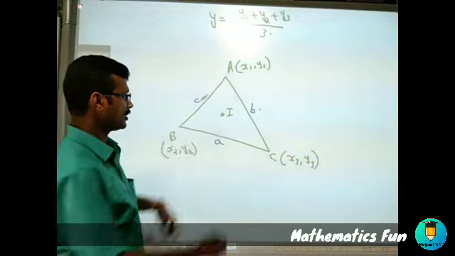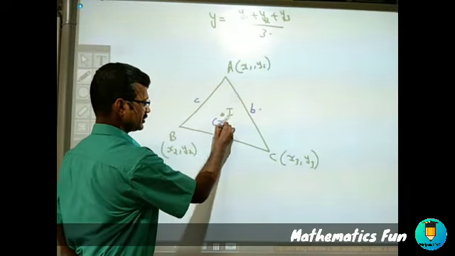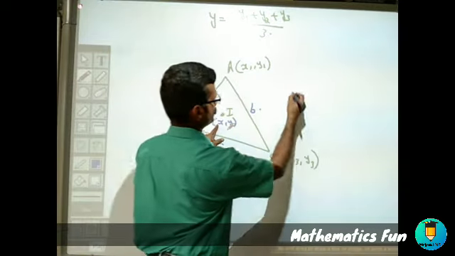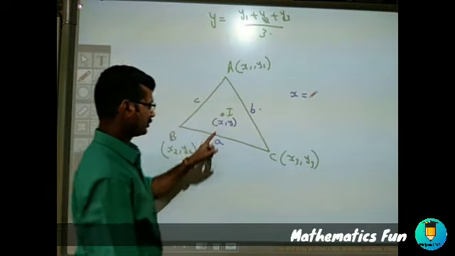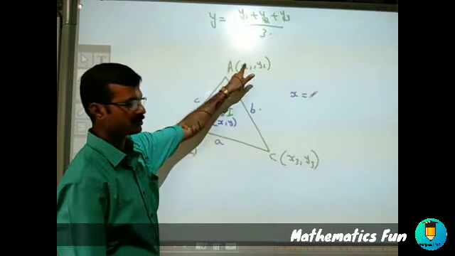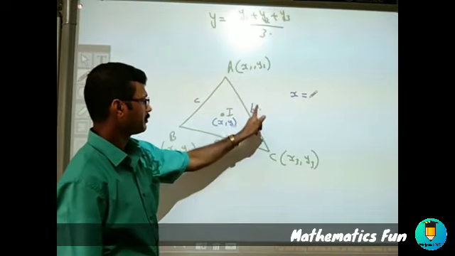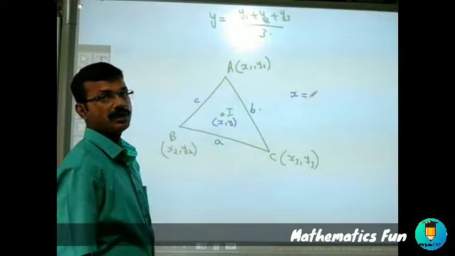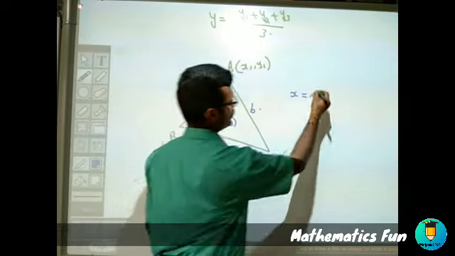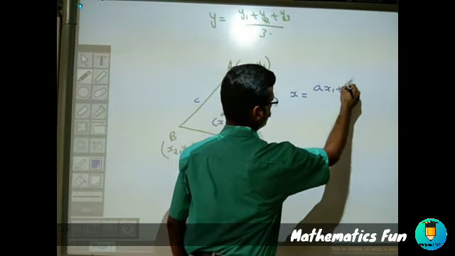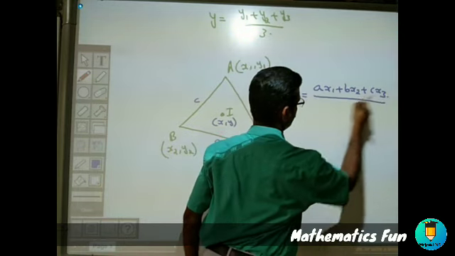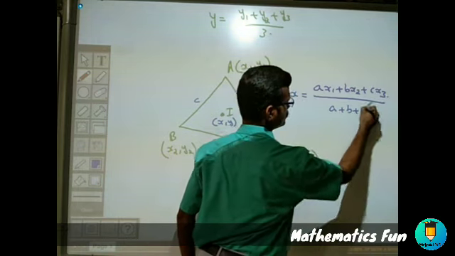Now the coordinates of the incenter will be x comma y. X is equal to ax1 plus bx2 plus cx3 divided by a plus b plus c.